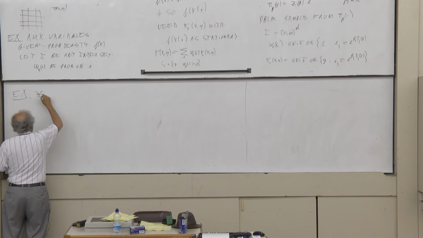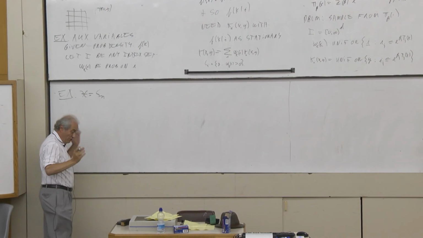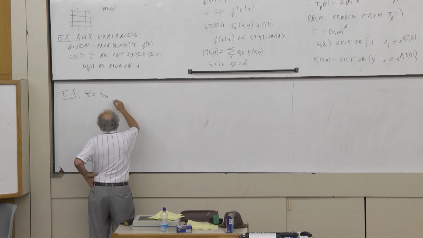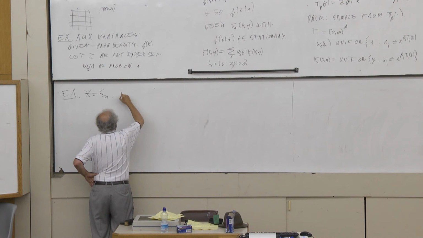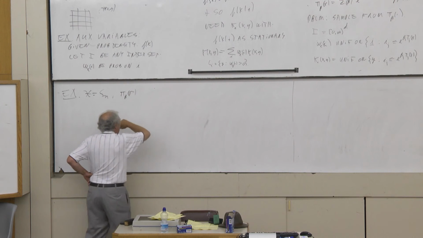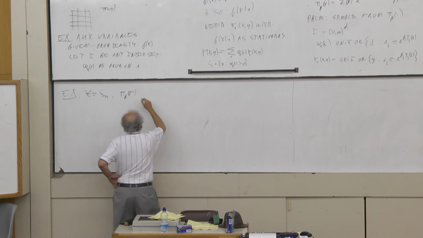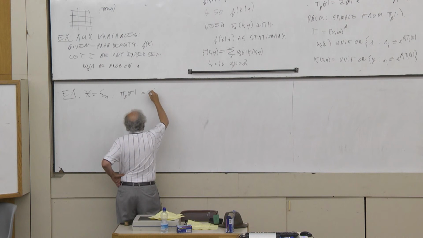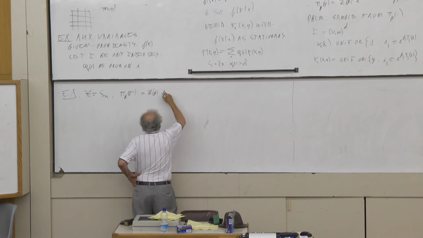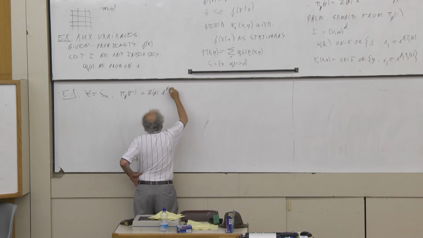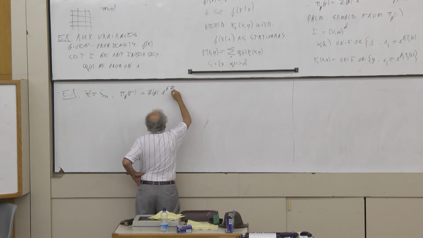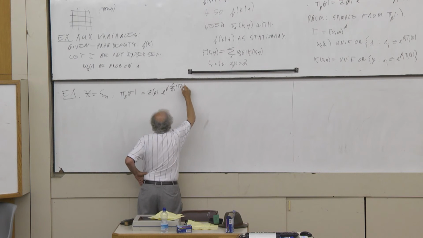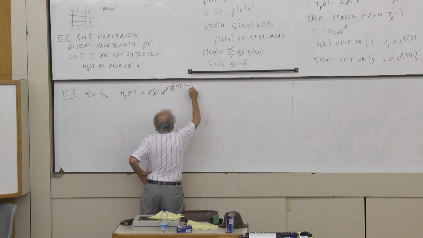So say x is S_n, n is 52 if you like, and let pi sub beta of sigma, sigma's a permutation now, be equal to a normalizing constant, which we don't know, the inverse of Z of beta, beta is a real parameter, times e to the beta times the sum from i equals 1 up to n of sigma i, I'll take it centered at the identity, minus i squared.